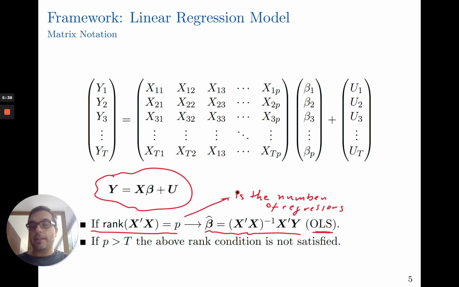The problem is that when p is larger than T, the rank condition is not satisfied anymore by construction. Then the OLS estimator is not even well defined, so we have to come up with a different solution.